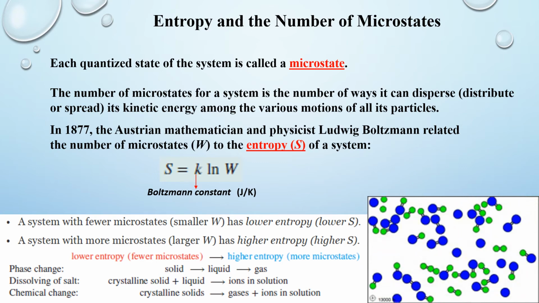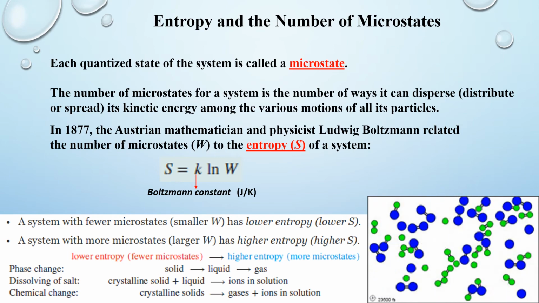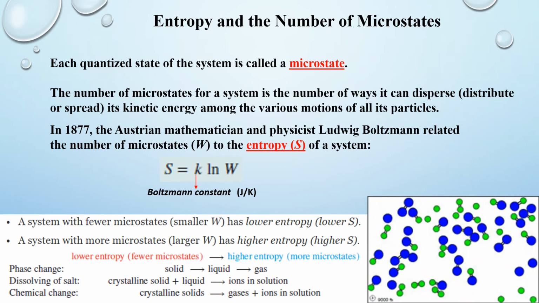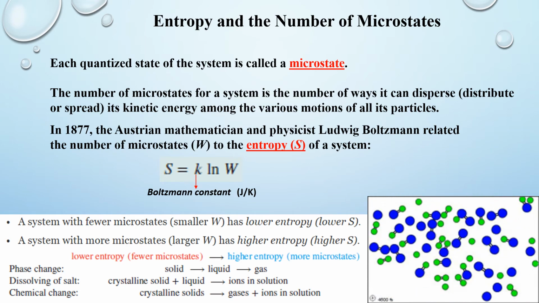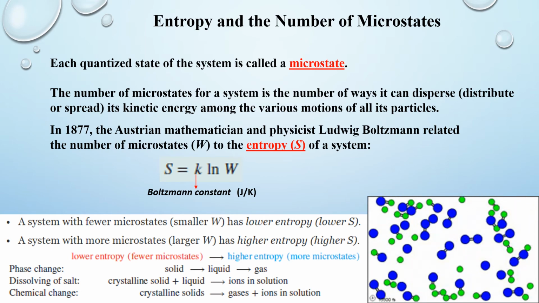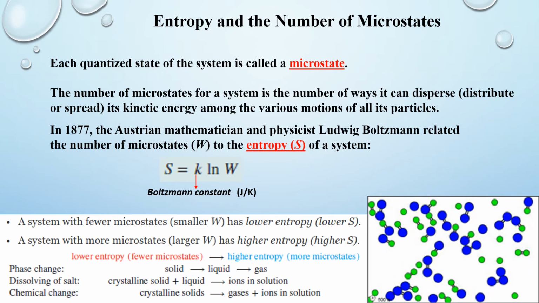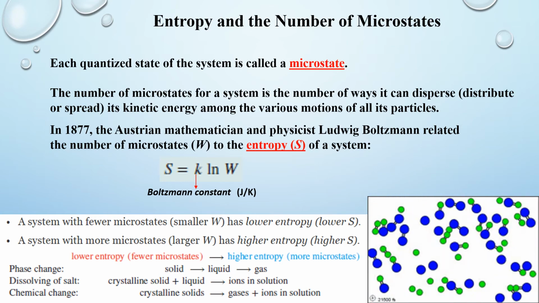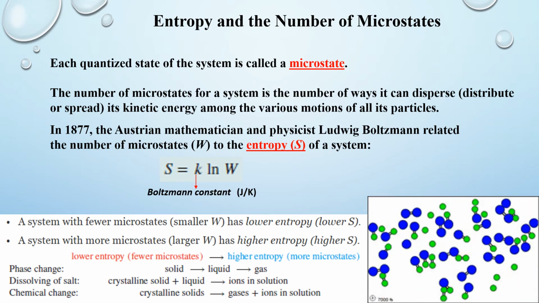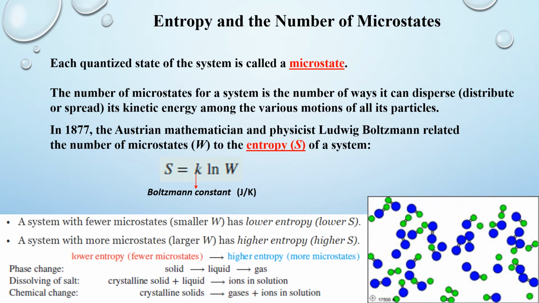So a lot of things are different. Each of these instants is called a microstate, or also a quantized state. So the more combinations, the more microstates are possible for a system.